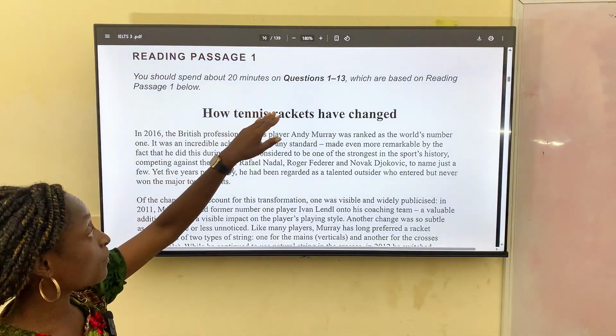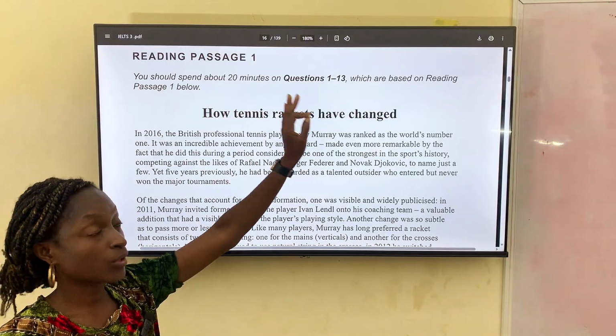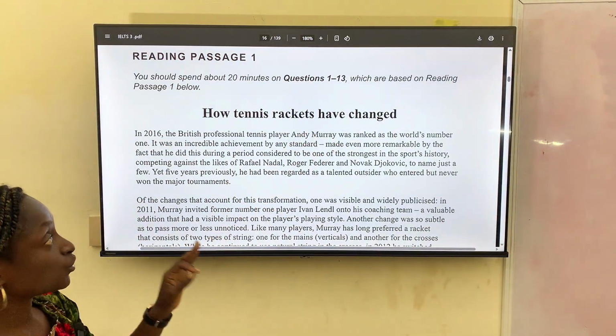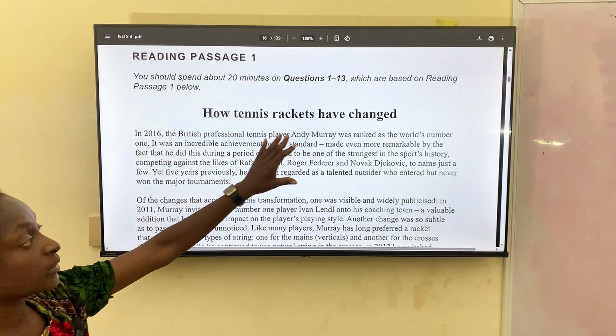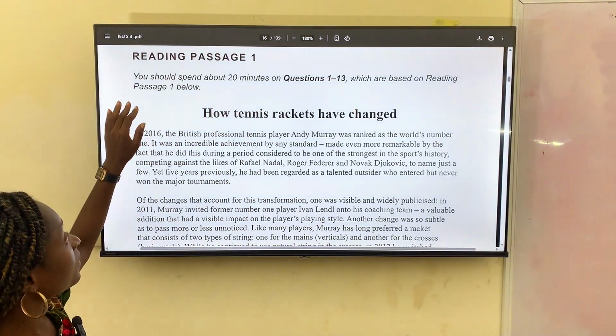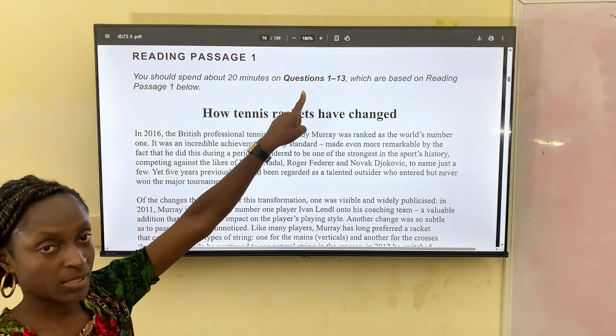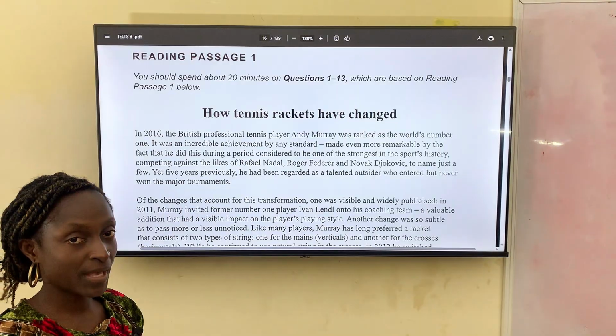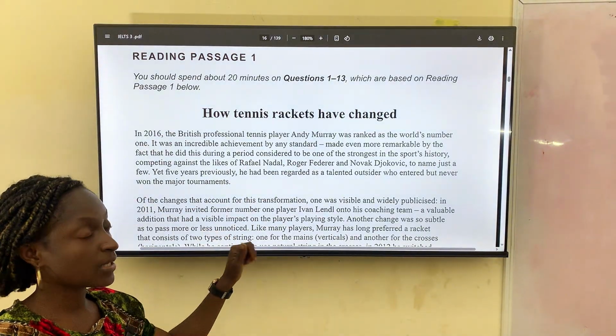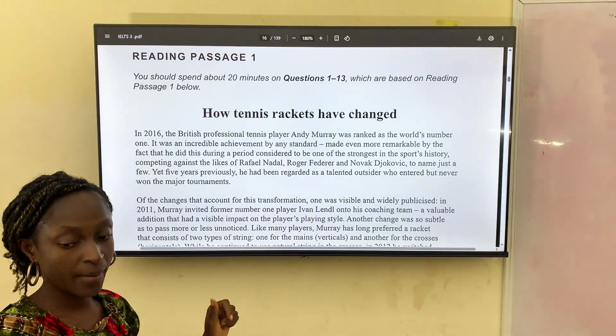Like in this example, we have 13 questions. We have questions 1 to 13 based on this passage, and we have to spend 20 minutes. I hope that's clear. We have to spend 20 minutes on this particular passage.